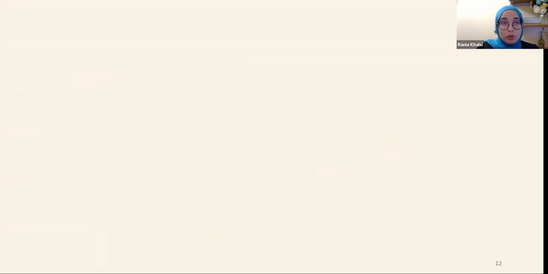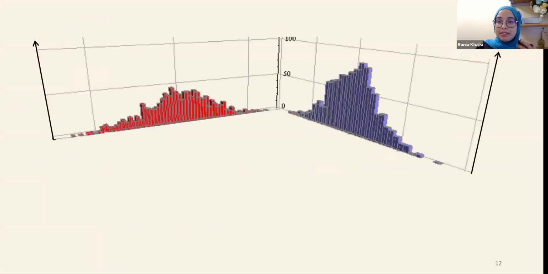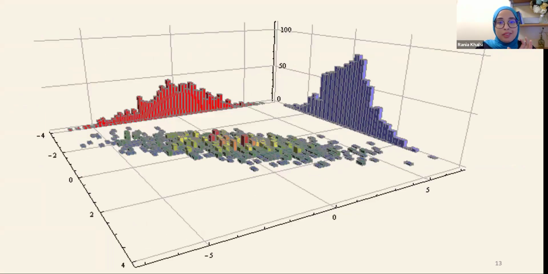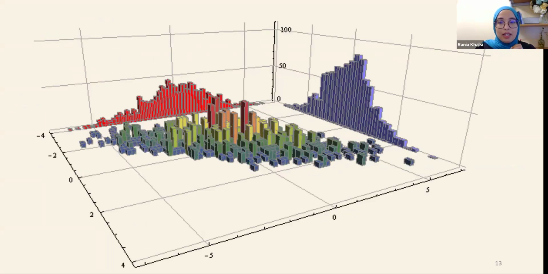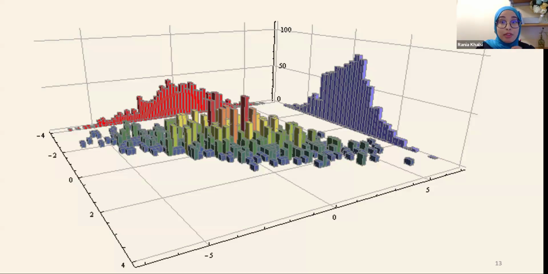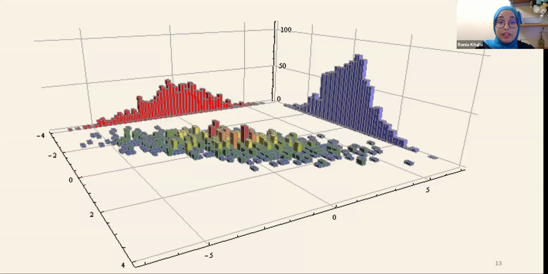Fine. So now let's consider two random variables. Now, when I say random variable, it's clear for everyone, okay? And we will consider in this case x and z, okay? This 3D shape you can see is the joint probability distribution of both x and z, okay?